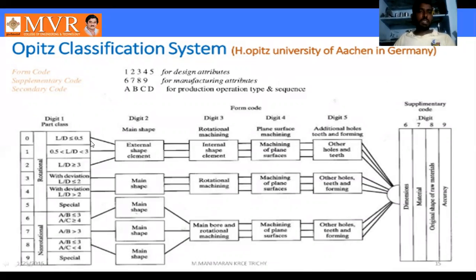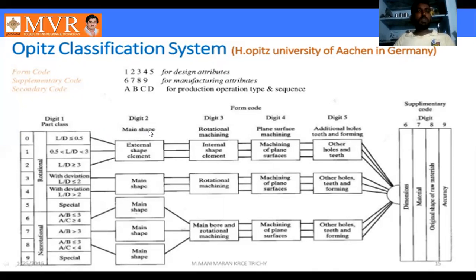It has a sequence. Digit 1 is part classes. Part classes means we take the dimensions and everything: whether it is rotational, with deviation or without deviation. So the total process starts with digit 1, part classes.